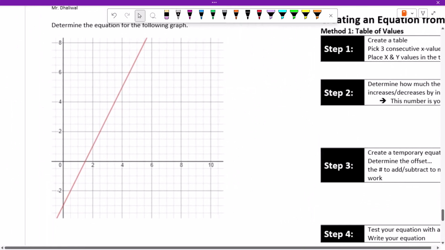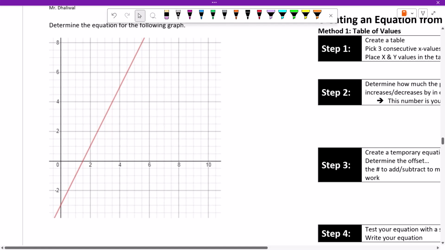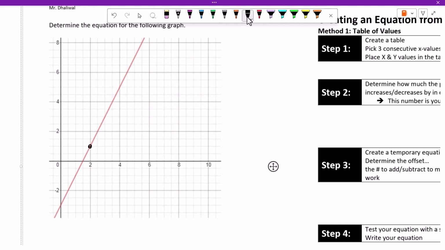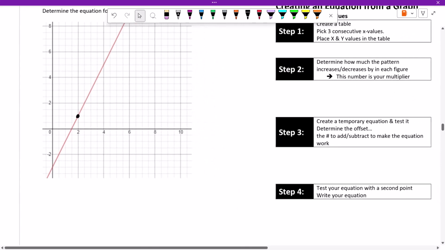So we have this graph. We want to create its equation, all right? Pick a point. I'm going to pick a point right there. I'm going to pick an easy point because it's right at 2 and right at crosshair, so I can read the value. So I'm going to make a table. I'm going to have an x column and a y column, right?